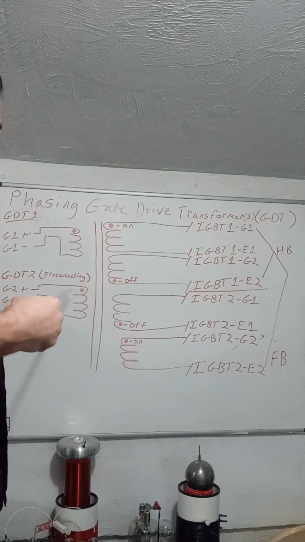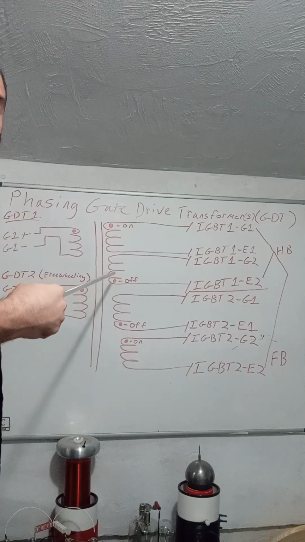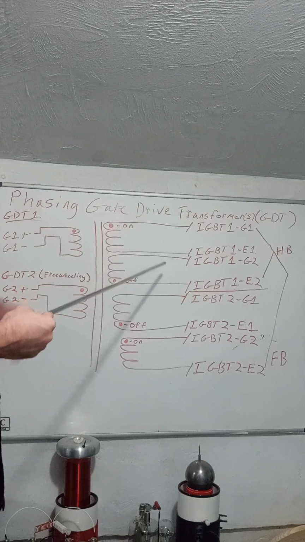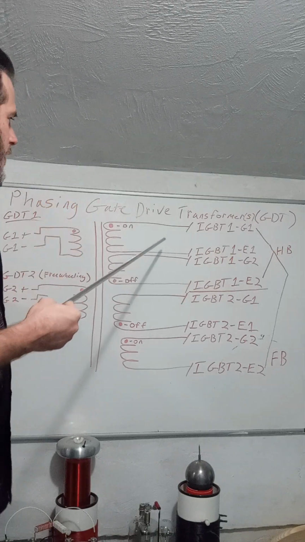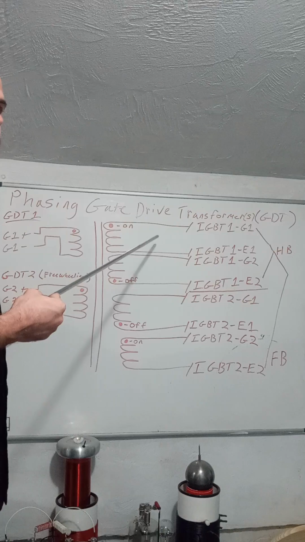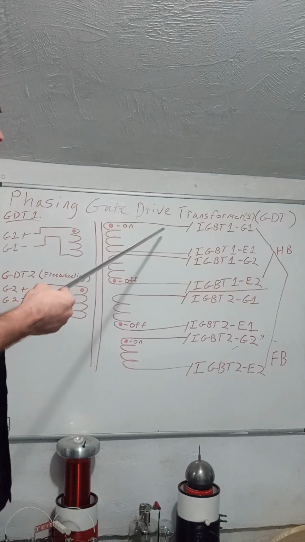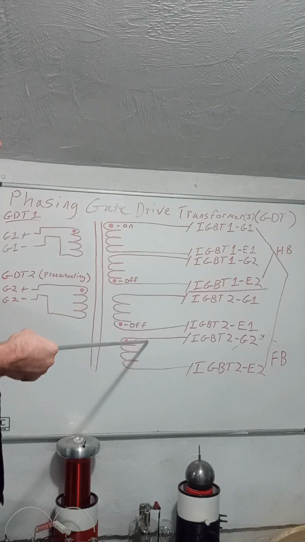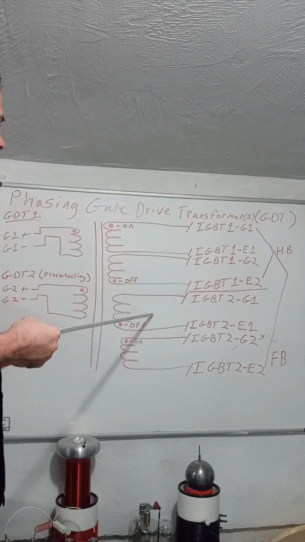Now, if you were to use 2 IGBTs with a standard OCD system, that means a standard driver. If you're using 2 GDTs, then they're going to be wound in half bridge configuration. That's going to be switching on, off, not on, off, on.